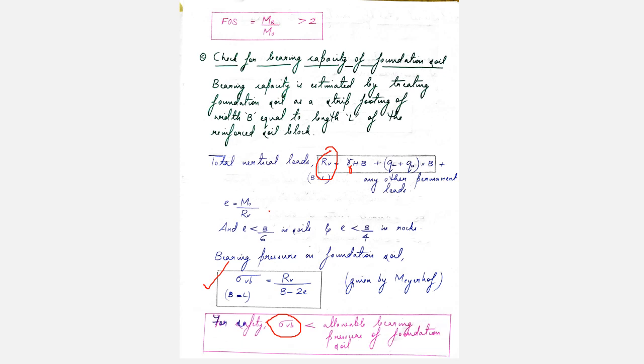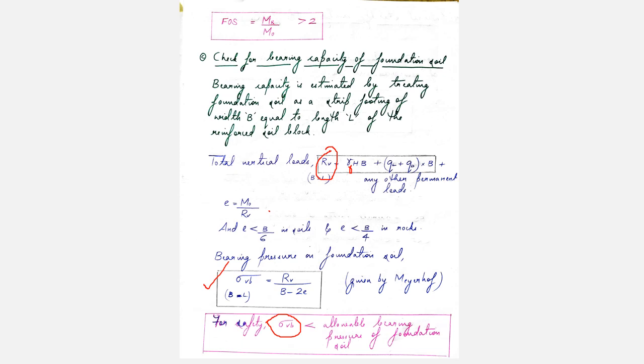Now moving on to the forces which provide the resistance: these are the self weight of the reinforced soil block and then the weight due to the additional dead loads. Okay.